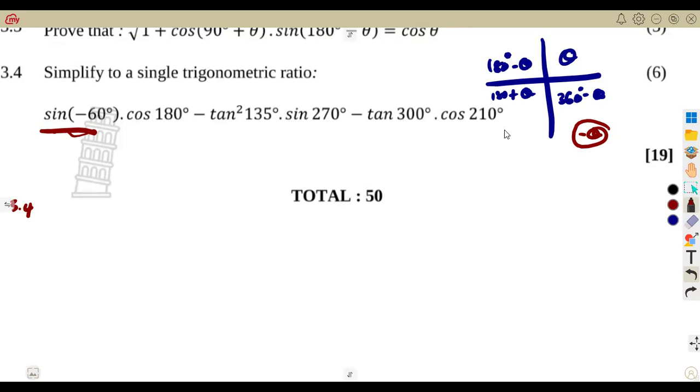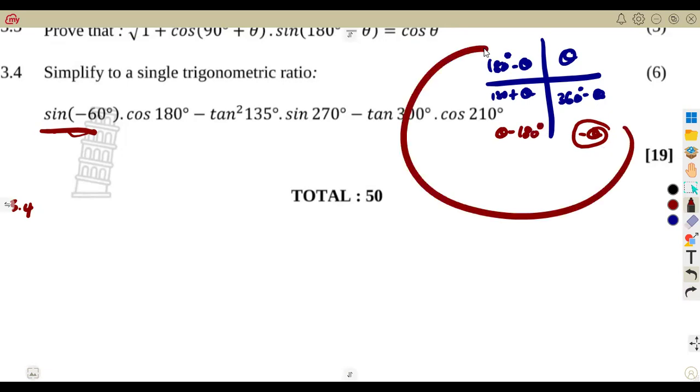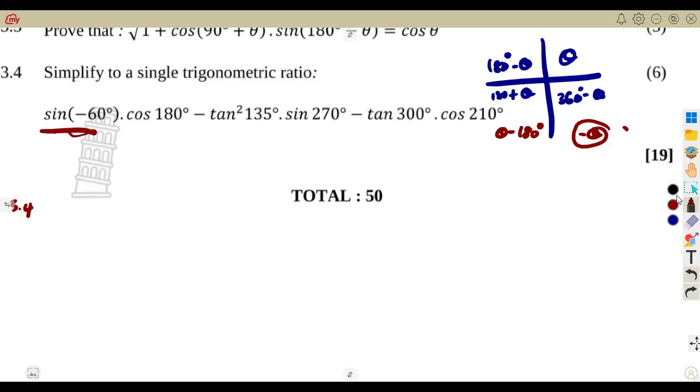Talking about this one, it will be theta minus 180 degrees. These are called negative angles. They move in the other way, which is the clockwise direction, not the one that we are used to. So when you are referring to sine minus theta, it's the negative there, which lies in the fourth quadrant.